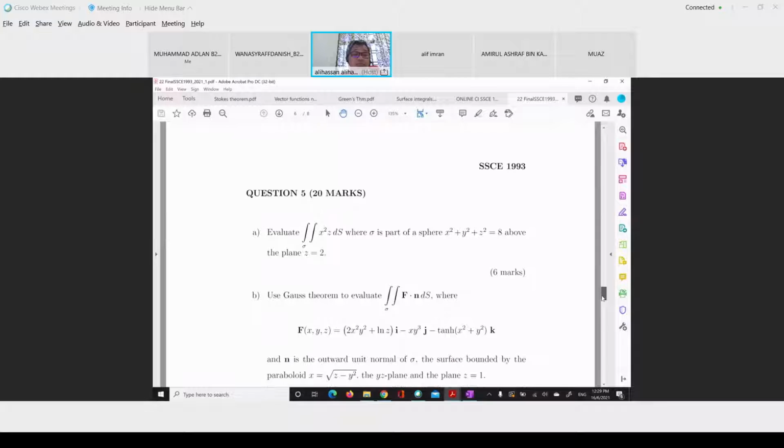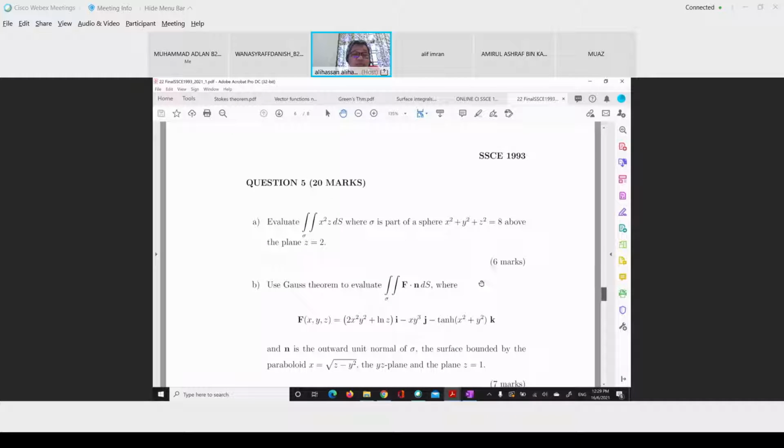Here, question number 5, you see 5a. This is a surface integral, where the surface is represented by sigma.